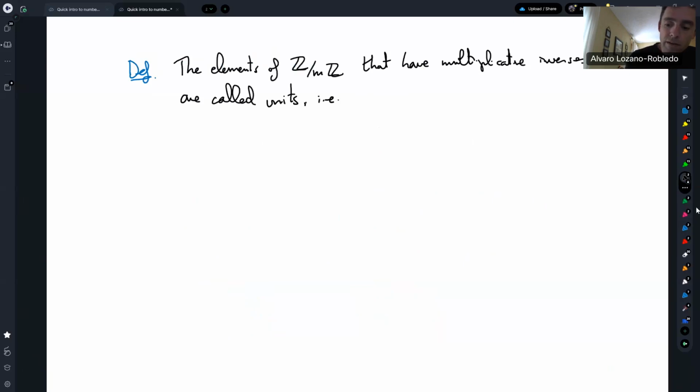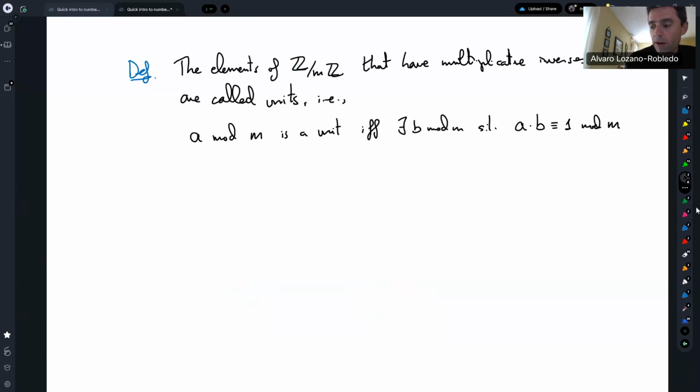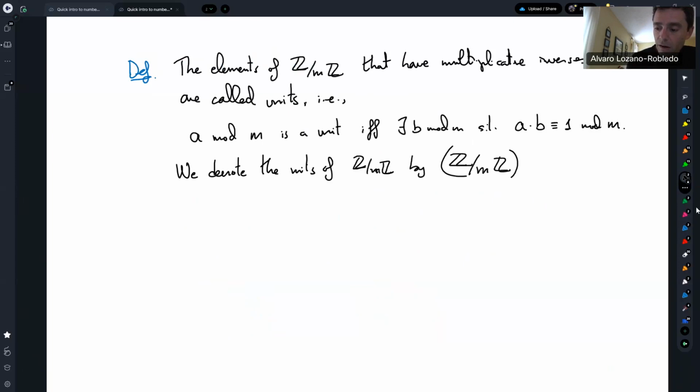I.e., A mod M is a unit if and only if there is some B mod M such that A times B is 1 mod M. Now, we denote the units of Z mod MZ by, usually we write Z mod MZ star, or Z mod MZ cross, like this.